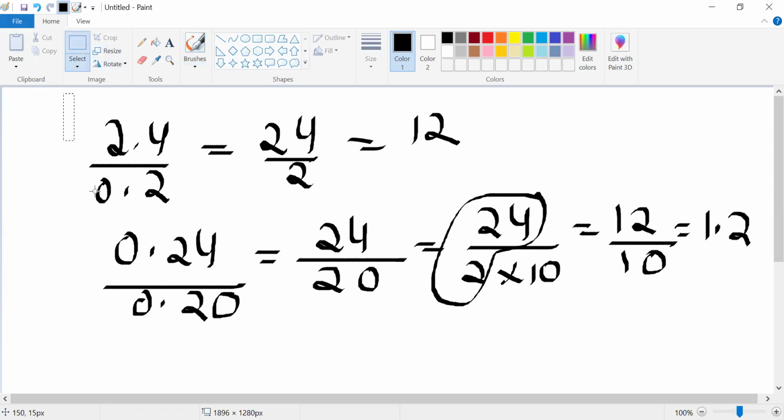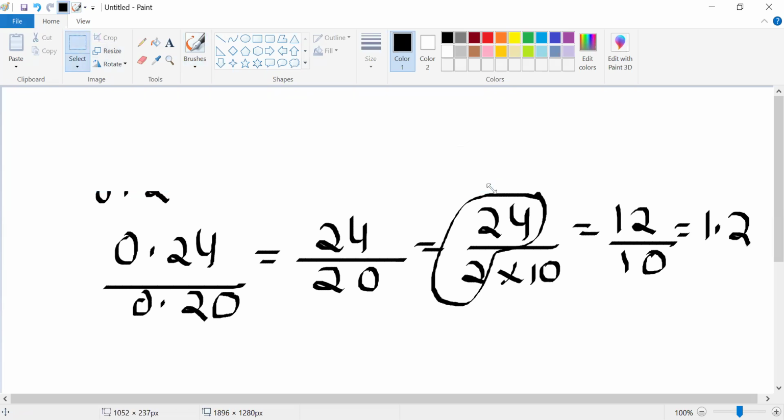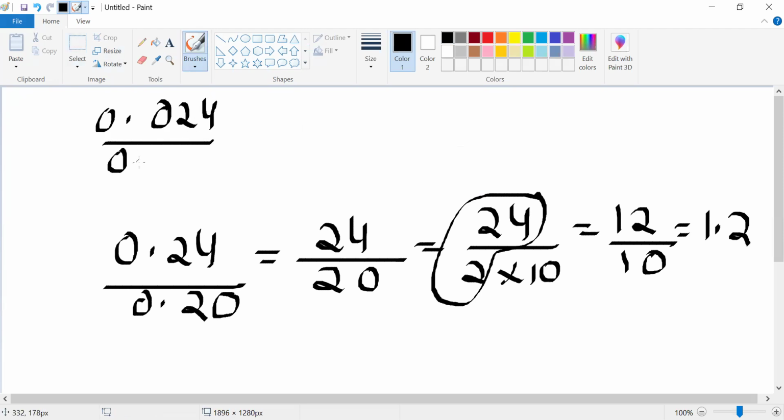Now, if more decimal places come in the numerator, what will happen? 0.024 divided by 0.2. So to make like decimals, add 2 zeros here. Now you can write this as 24 by 200.